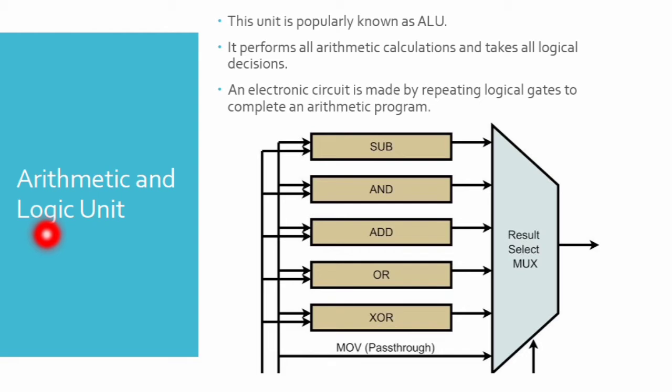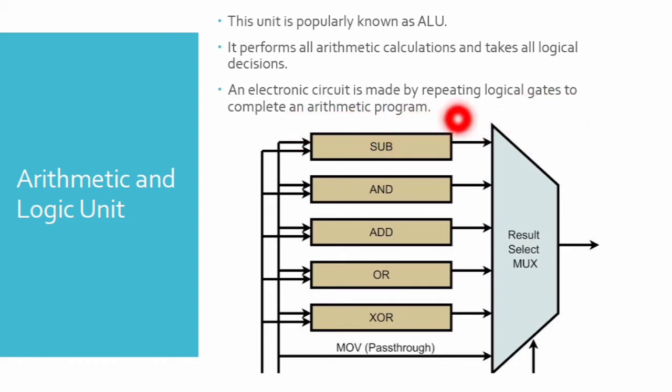So first we will go through the arithmetic and logic unit, commonly known as ALU. This unit is popularly known as ALU. It performs all arithmetic calculations and takes all logical decisions. As I told you, arithmetic calculations like addition, subtraction, multiplication, average, or many others. And logical decisions means if you make any spelling error, it will check for that and remind you to correct it. An electronic circuit is made by repeating logical gates to complete an arithmetic program.